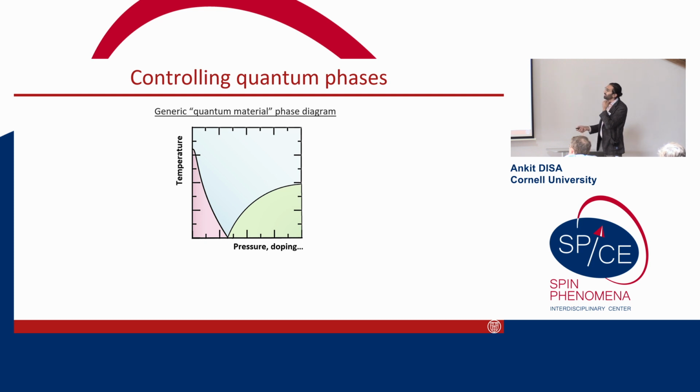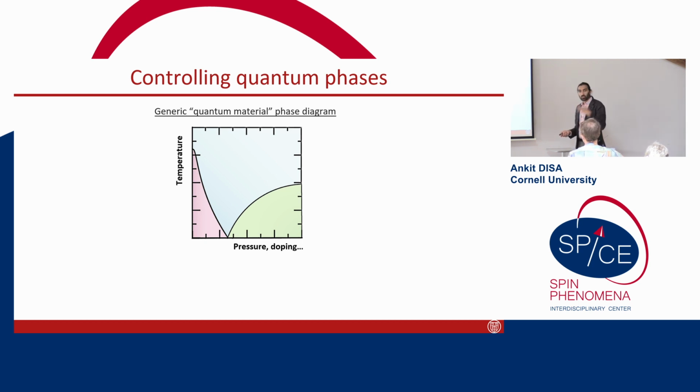But where I come in is the observation that even in this case, we have very unusual and interesting phases. We're still in some sense limited because often the temperature of these interesting phases is maybe too low, or they appear at too high of pressures. And so what we would love to be able to do is to actually go beyond somehow this phase diagram so that we can induce new phases and functionalities.